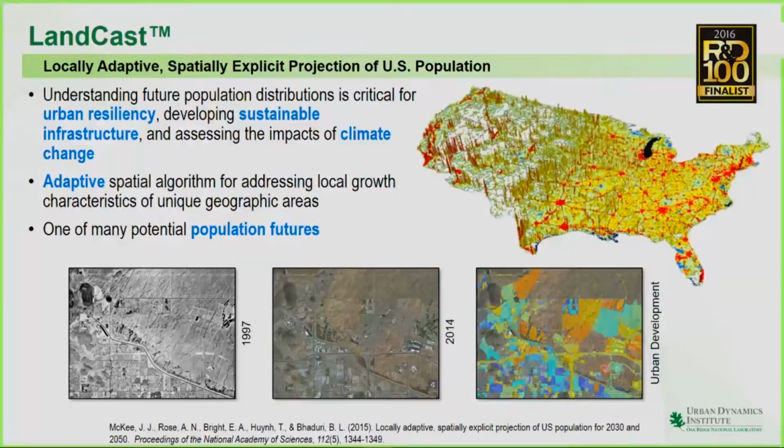While we originally developed this locally adaptive framework for siting energy infrastructure, it has numerous applications, including those that you see here, such as urban resiliency, sustainable infrastructure, as well as assessing impacts of climate change. But the real thing that sets LandCast apart from other population projection modeling frameworks is this locally adaptive nature.